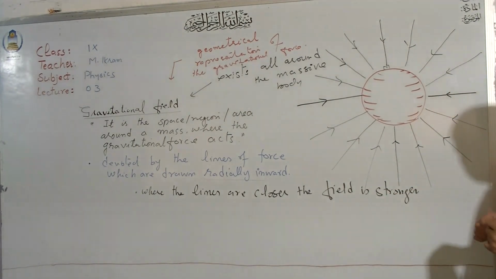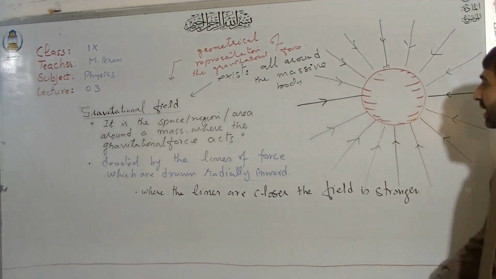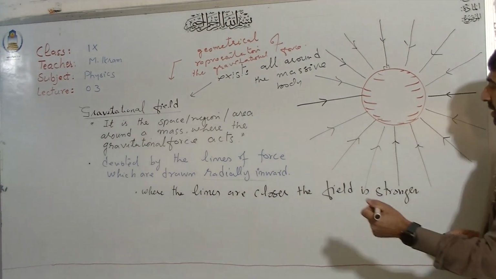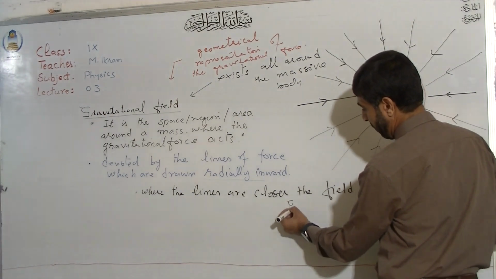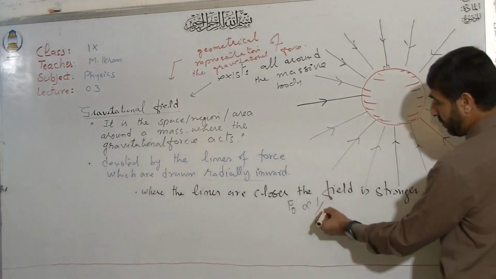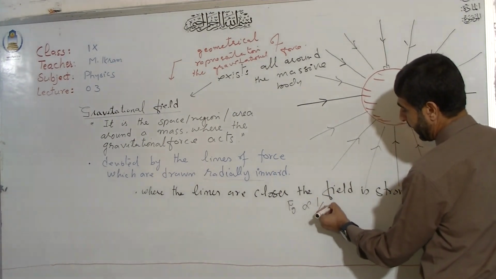So this points towards the inverse square law part of our previous lecture, where you have seen that the gravitational force is inversely proportional to r square.